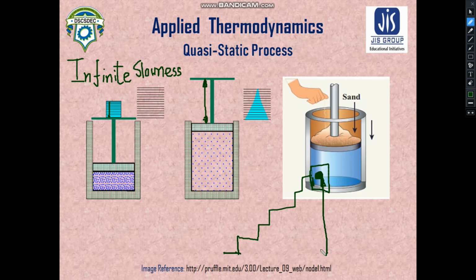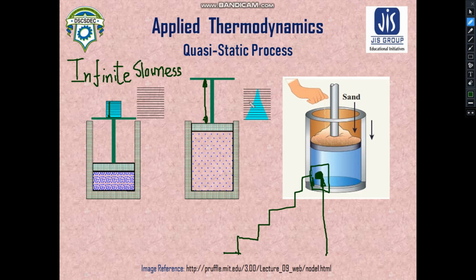When you were using the lift, the changes were very rapid, but when you use the staircase, the changes are very slow. This is the primary difference between a quasi-static process and a rapid process.